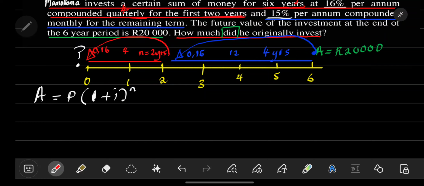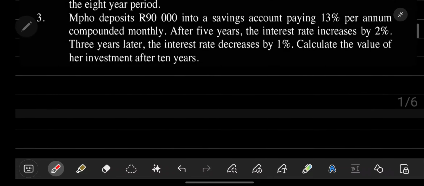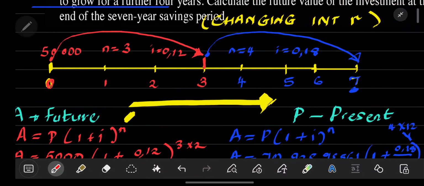On the initial one, guys, we were moving from left to right, but now we are moving from right to left because we have our future amount of money. Let's just go back a bit. Check here.